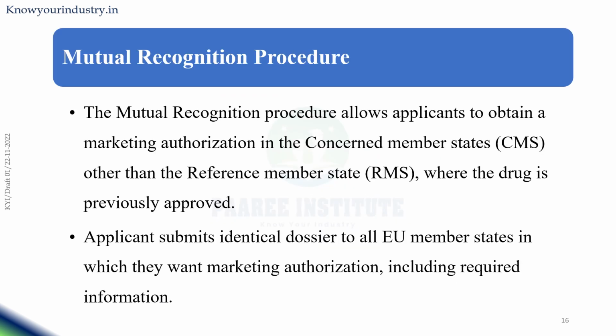The next procedure is the mutual recognition procedure. The mutual recognition procedure allows applicants to obtain a marketing authorization in the concerned member states, that is CMS, other than the reference member state, that is RMS, where the drug is previously approved. The applicant submits an identical dossier to all the EU member states in which they want marketing authorization, including the required information.